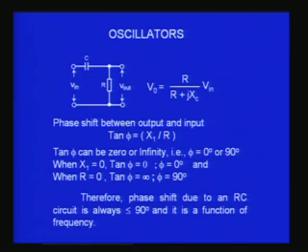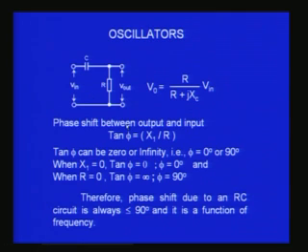So, what is the phase shift in this case? It is Xc by R, that is, we have written here X1 by R, that is the phase difference phi. This simple RC network will automatically give a phase shift of X1 by R, where X1 is 1 by omega c, where omega is the angular frequency, which is equal to 2 pi f, where f is the frequency of the input sine wave.